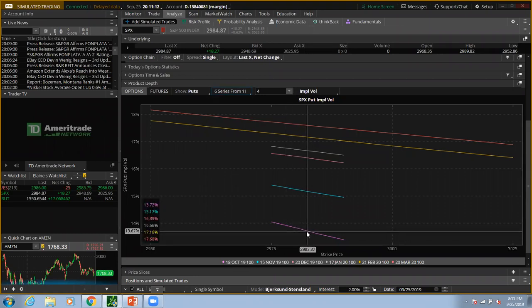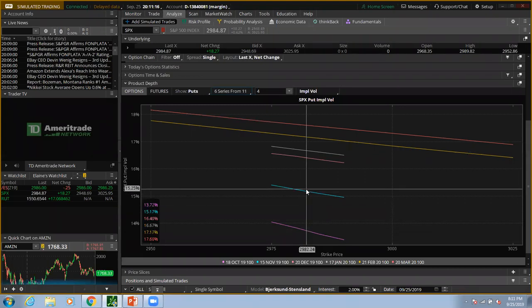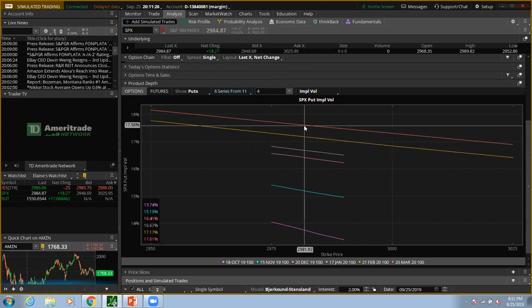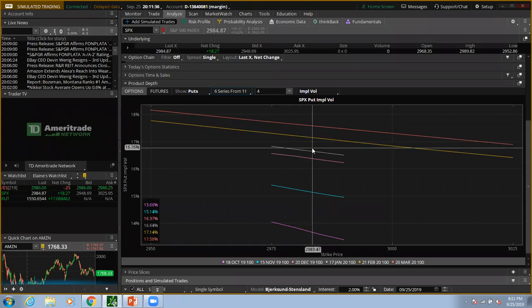The implied volatility of October is much lower than November, and then December is even higher. January, not much higher than December. Then we have February and March. And so this ties in with our discussion of backwardation and implied volatility.